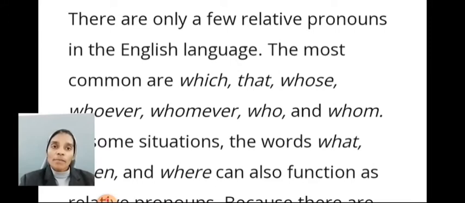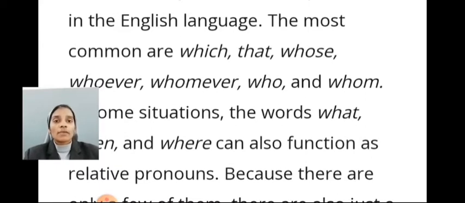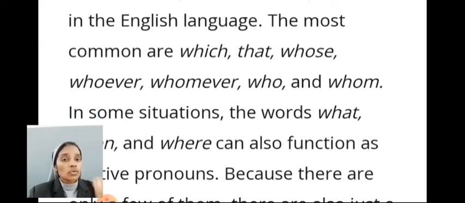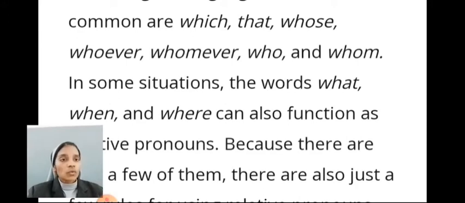The most common are which, that, whose, whoever, whomever, who and whom. But in some situations, words such as what, when and where can also function as relative pronouns.